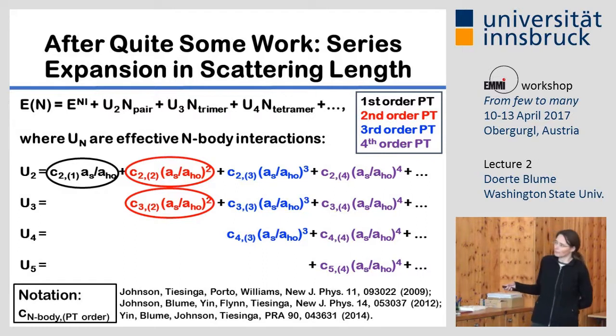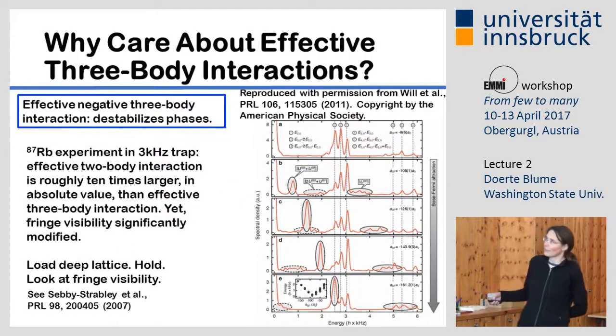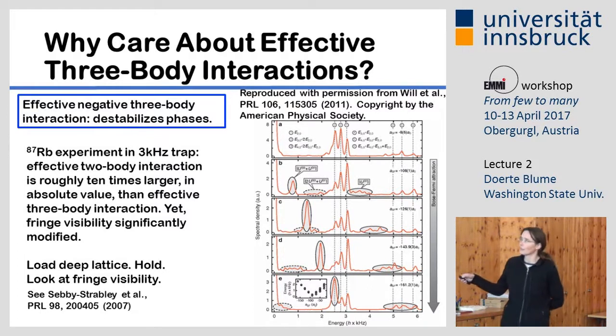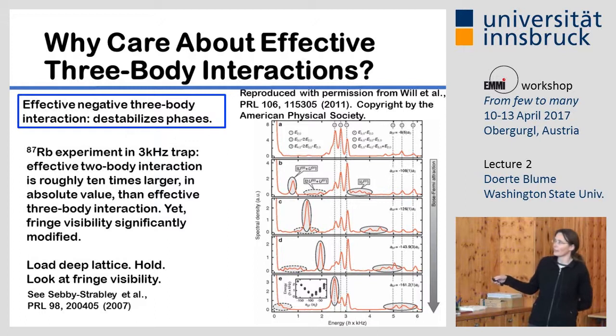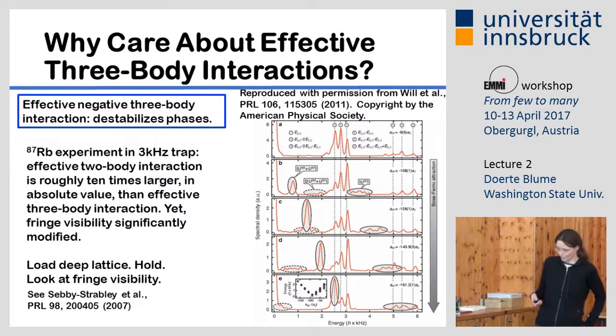And one of the questions is, why is this important? Well, as I mentioned already, the fact that the effective three-body interaction is negative could lead to a destabilization of phases if we look, for example, at similar physics within the Bose-Hubbard model. But there's also another reason why this is important.